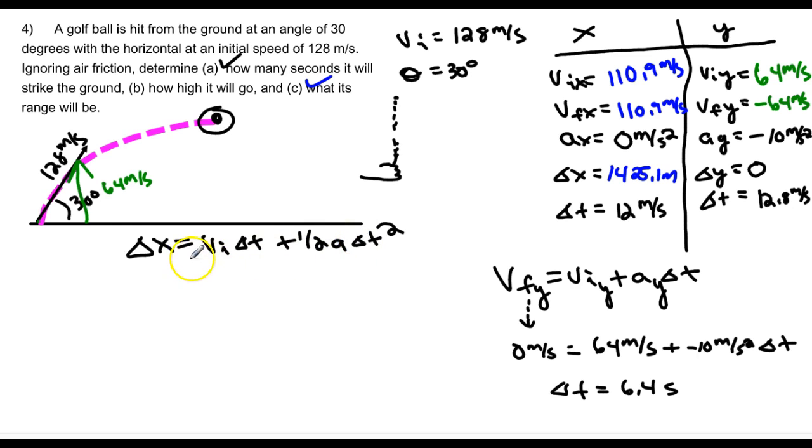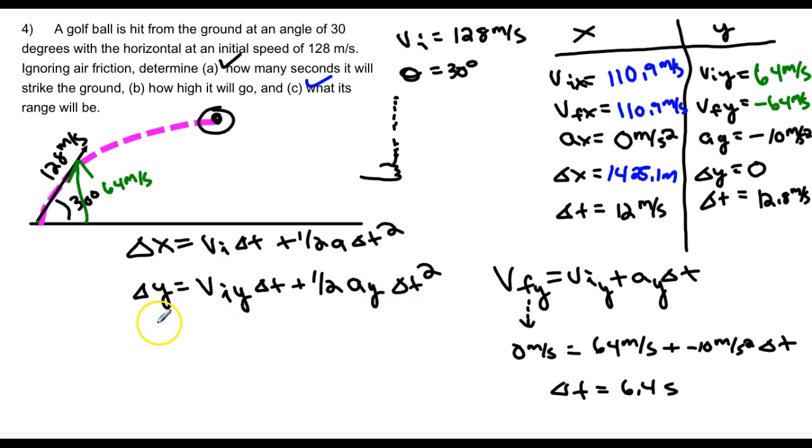Once again, we're going to do the same thing, except we're going to make this go into the y direction. So instead of saying delta x, we're going to say delta y. Instead of just initial velocity, because we're not talking about the velocity at the angle, we want the initial velocity in the y direction times how long it's in the air, plus 1/2 times the acceleration in the y direction, some texts use g here, times delta t squared.